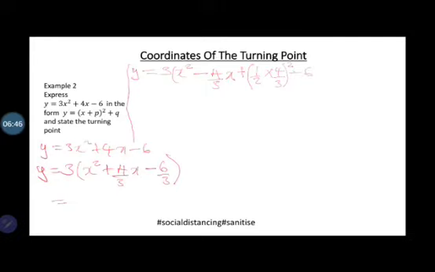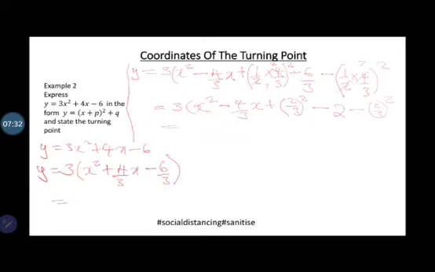Minus 6 over 3 is just 2, minus, we subtract the same number we've introduced here, 2 over 3 squared. Equally, these will reduce.